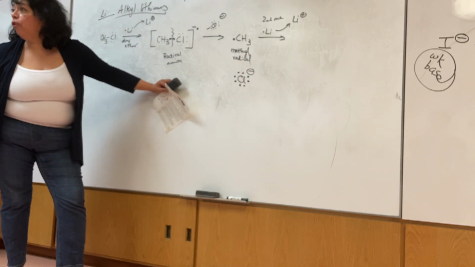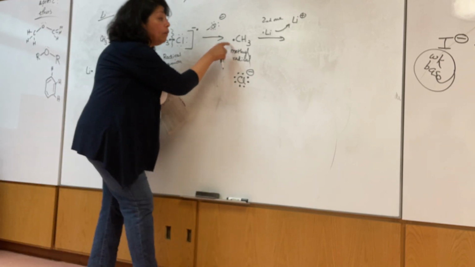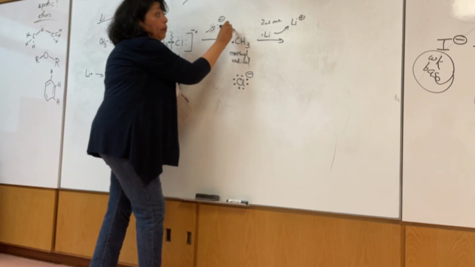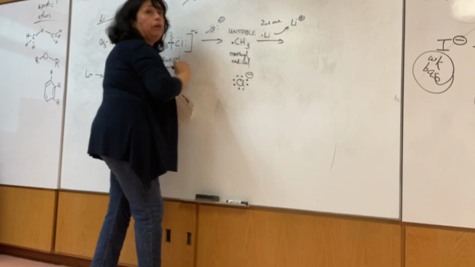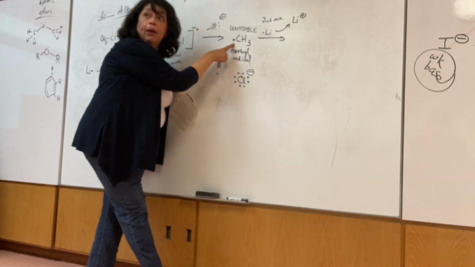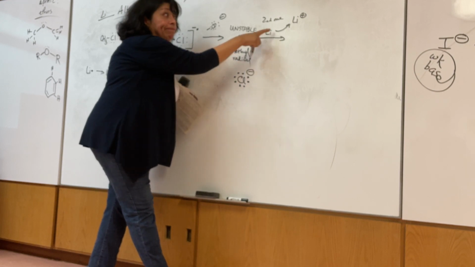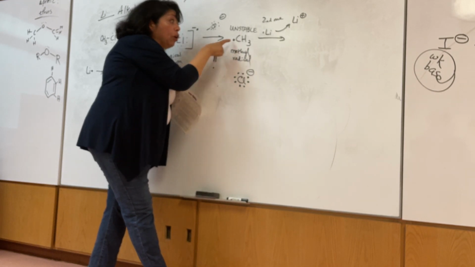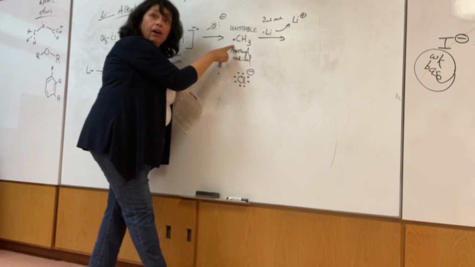How many electrons in an orbital? 2. So this is very unstable, because you're supposed to have 2 in the orbital, not 1. Got it? So can somebody make this guy happy and make him stable? You've got to find an electron. Who's going to give you another electron? This guy. So when we hook up with this one, what are we going to get? CH3 with 2 electrons, right?